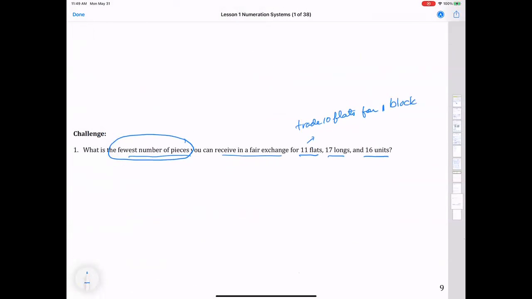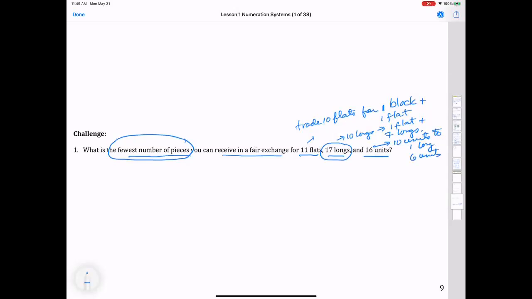And so you have one block and one flat left. You could trade 10 longs to one flat, and you have 7 longs left. You could trade 10 units to one long, and you have 6 units left.